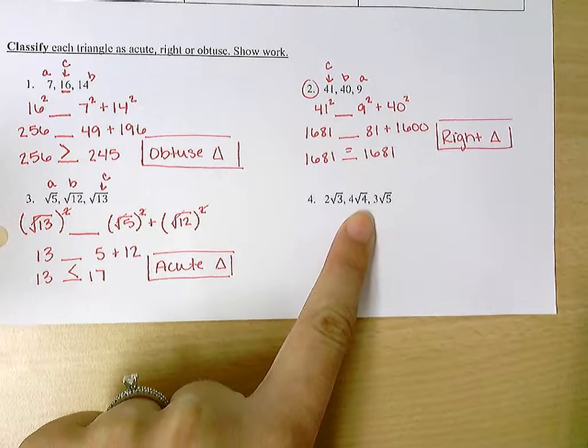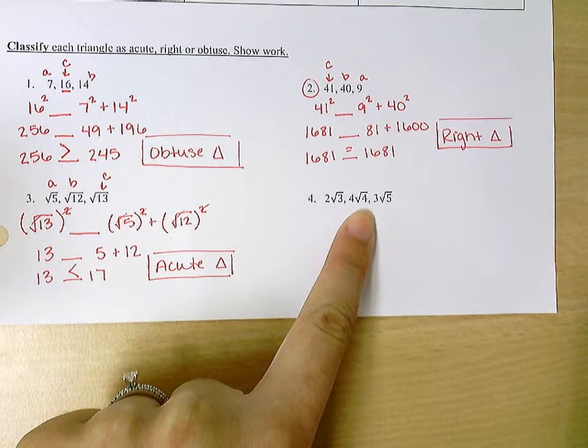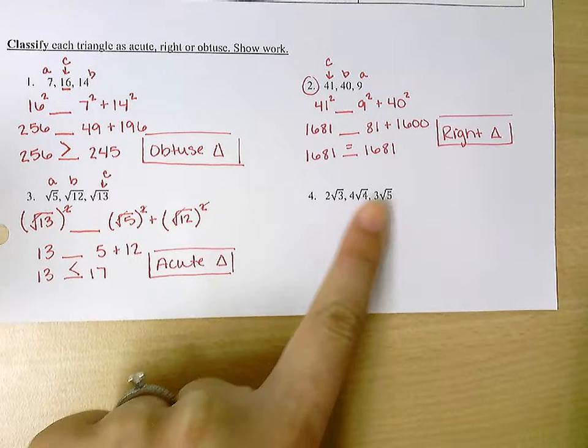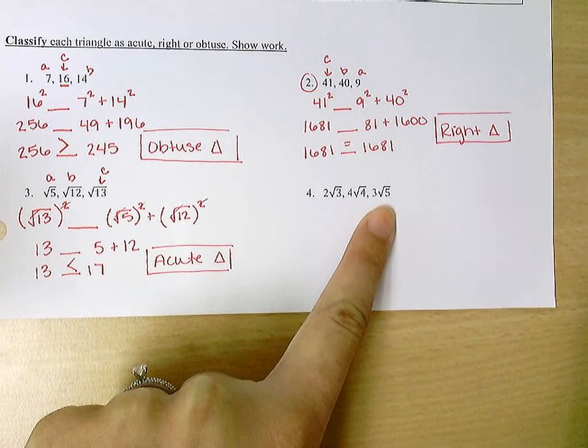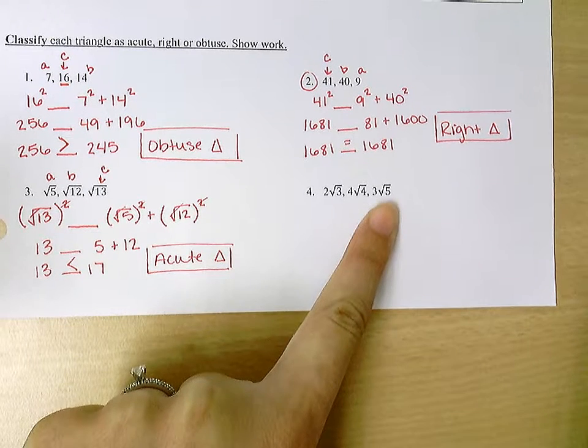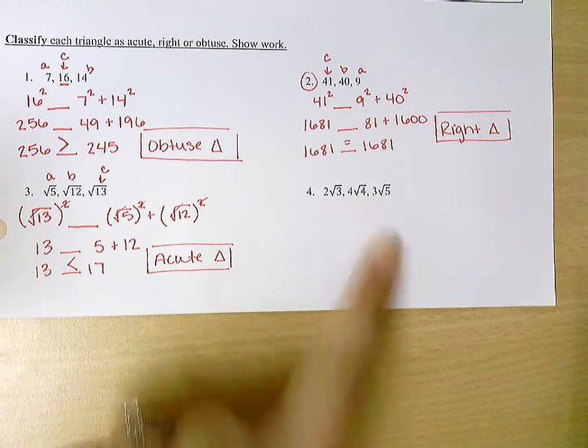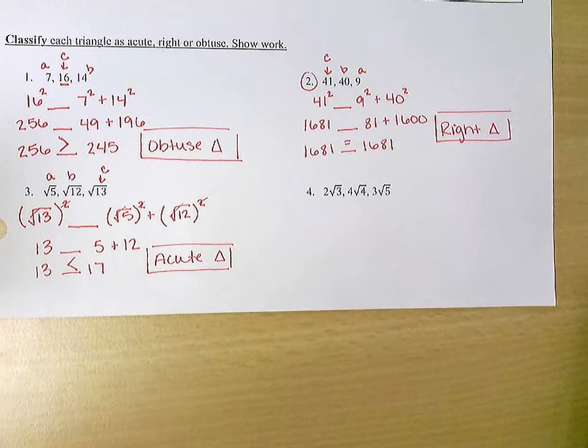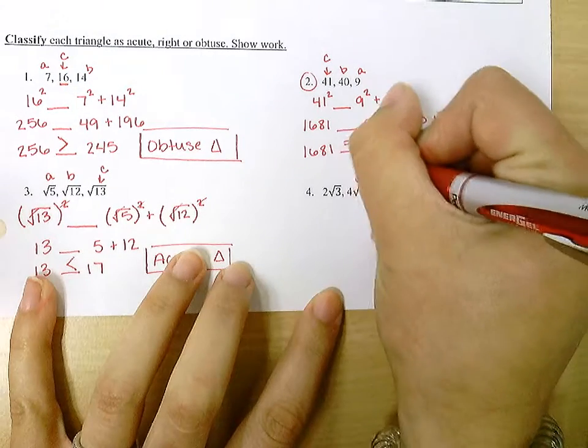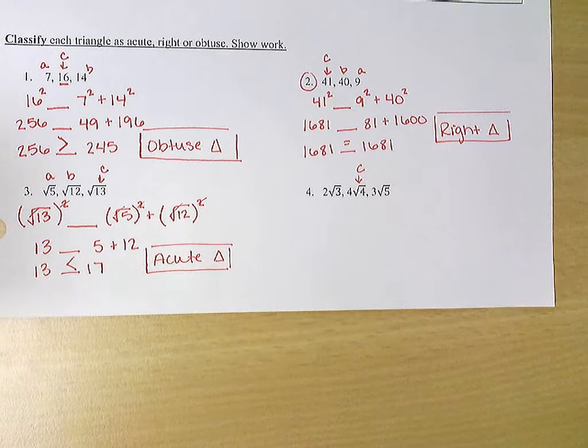Next, 4 times the square root of 4. Should get 8. That one's greater so far, right? Next is 3 times the square root of 5. 6.7. So which one is my greater one? 4. Good job. So that will be my C value.